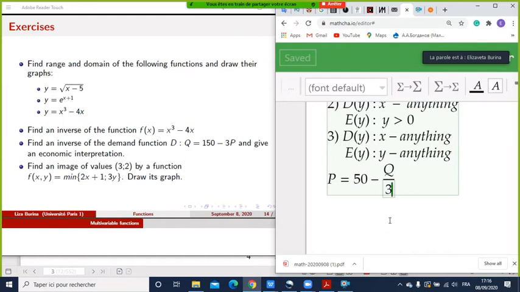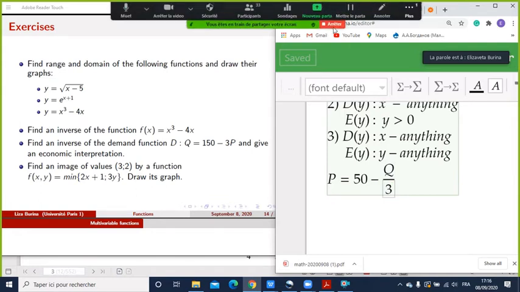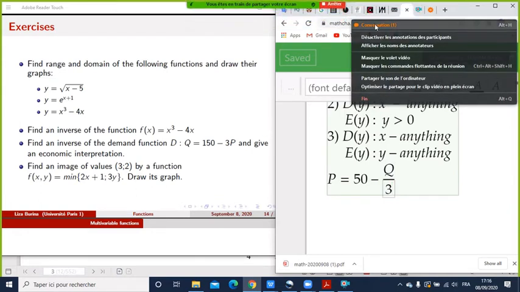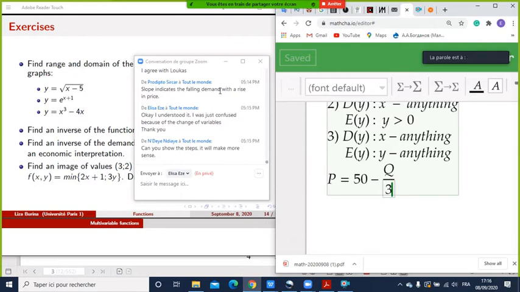Other than that, it will help you to see elasticity sometimes faster. Show the steps of finding an inverse. Like, what do I mean by expressing P in terms of Q?